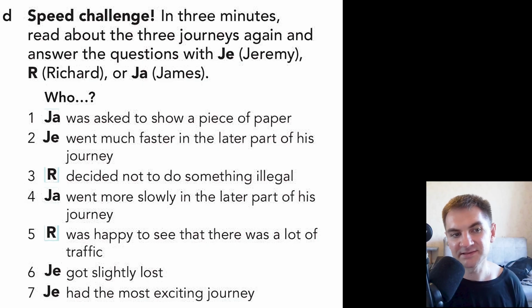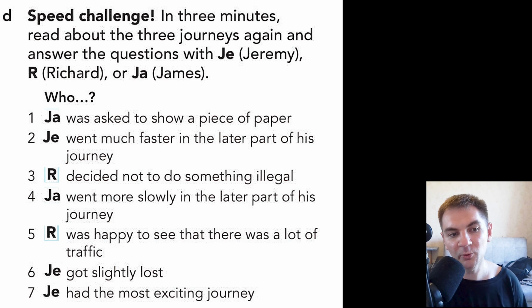Let's check the answers. Who was asked to show a piece of paper? It was actually James, who went by car. He had a cameraman with him, and a police officer asked to show a license allowing them to film something.